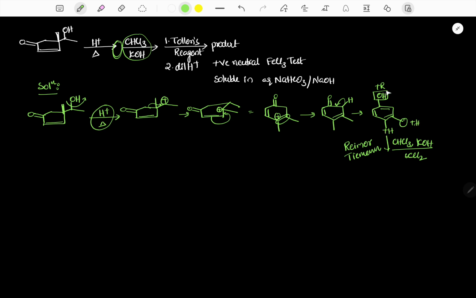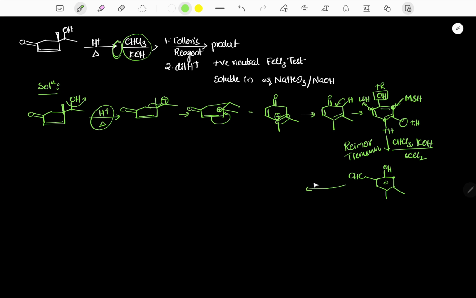We know that plus R group is strongly activating. Therefore the electrophile attacks with respect to OH, and with respect to OH the para position is blocked, so ortho and ortho. But this ortho position is more sterically hindered and this ortho position is less sterically hindered. Therefore the corresponding product is OH, methyl, methyl. This position is sterically hindered, so there is only one position left here. So it is a Reimer-Tiemann reaction.